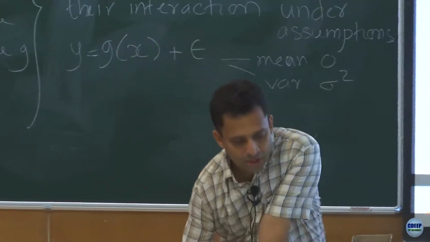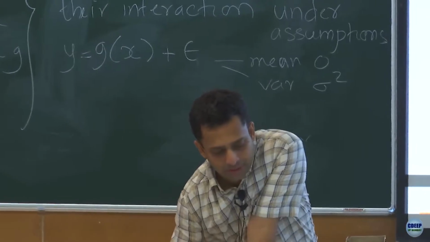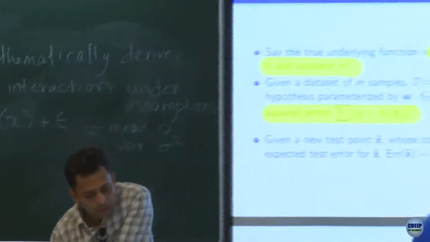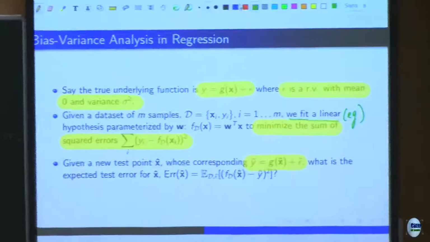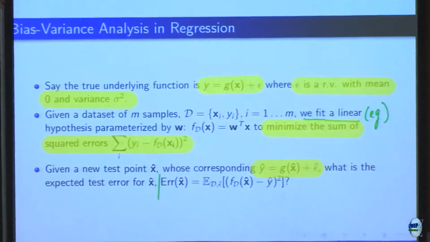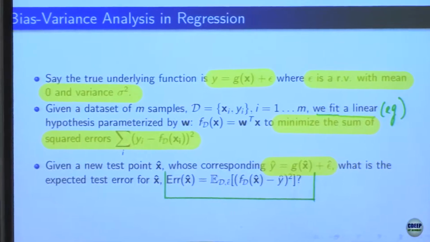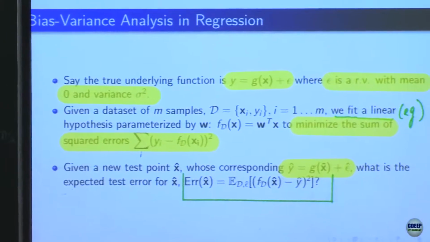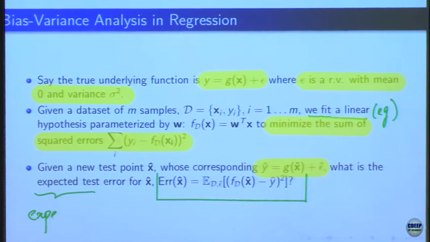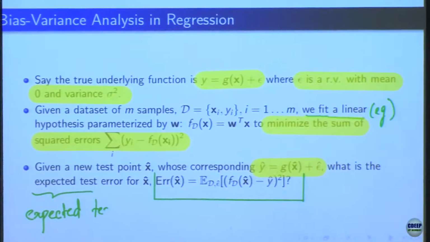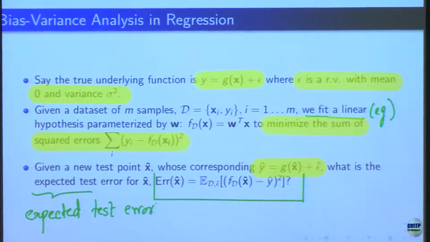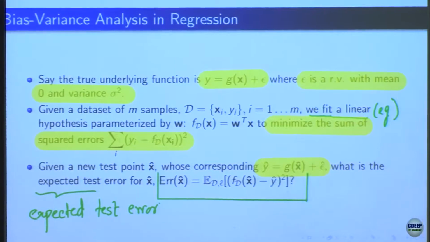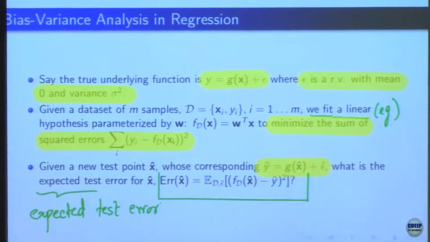Okay, so we are assuming that y hat is obtained using this. So now for us the query is this basically, what is the expected test error? As I said, we'll use the lens of expectation because things are changing: the data set, the sample, the noise, all that is subject to some distribution.